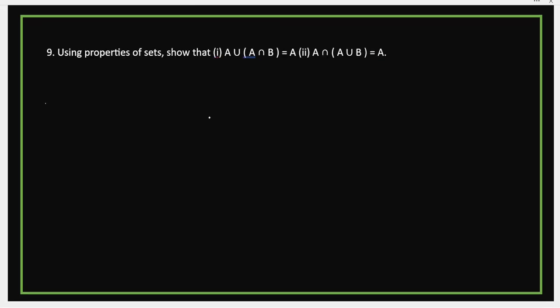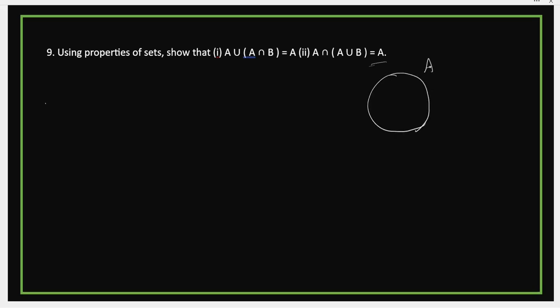Now, using properties of sets, show that A union (A intersection B) equals A and A intersection (A union B) equals A. We have seen these many times, but we have not noticed them. We'll be showing them with a simple proof. I will draw a Venn diagram for your understanding.